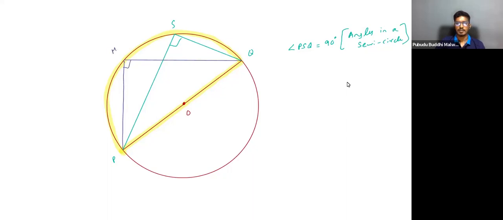That's also 90 degrees, because we still use those two points P and Q, and another point on the circumference, a point on the semicircle. You can draw so many triangles like that, and you will get 90 degrees each time. And also for the bottom semicircle, 90 degrees.